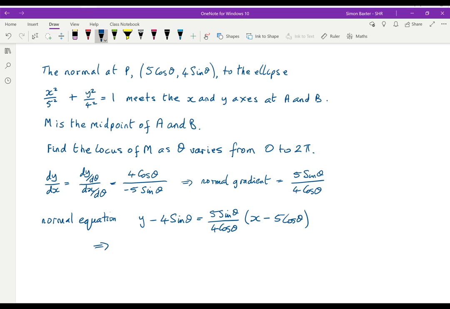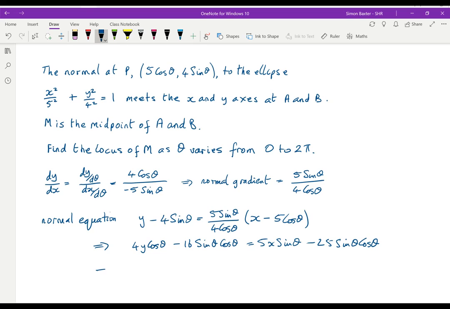Multiplying up by 4 cos theta, we get 4y cos theta minus 16 sine theta cos theta is 5x sine theta minus 25 sine theta cos theta.